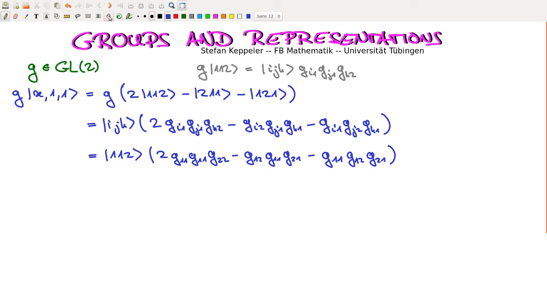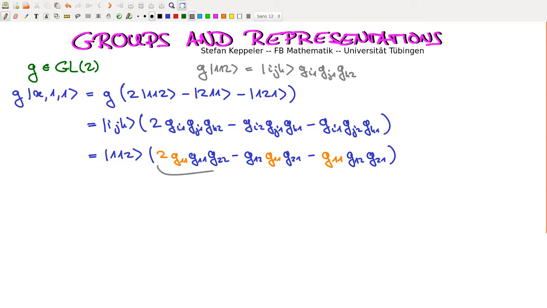Okay, what happened here? There is at least one G11 in each of these terms here. Here's a G11, here's a G11, and here's a G11. Now when we look at these last 2 terms, they are actually the same. So we get twice this term, as we also got a factor of 2 here.